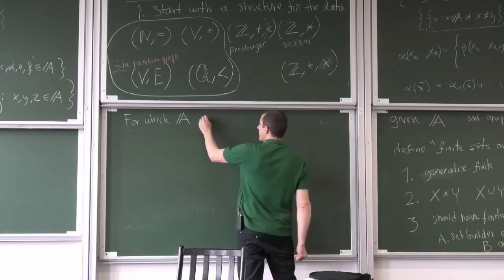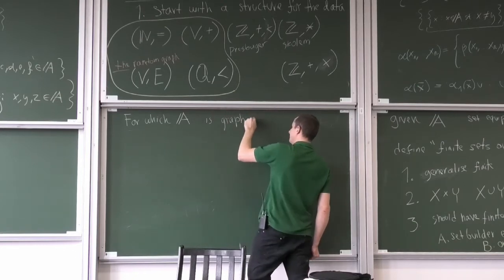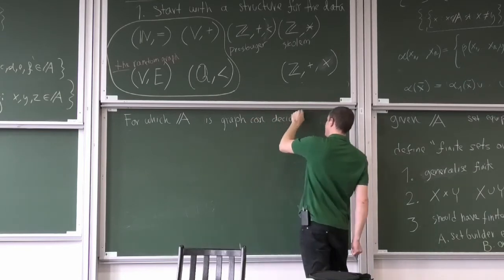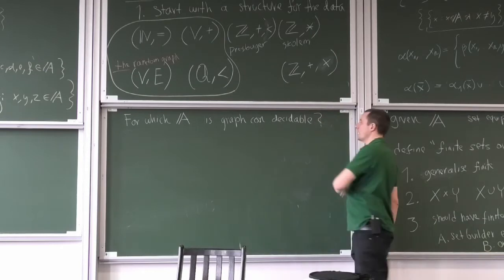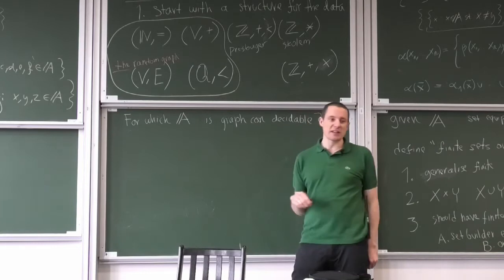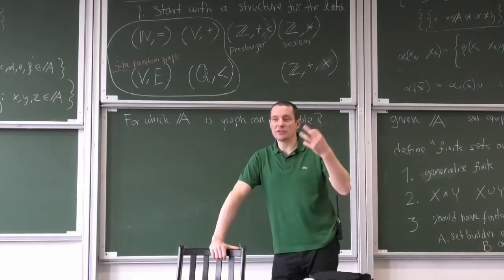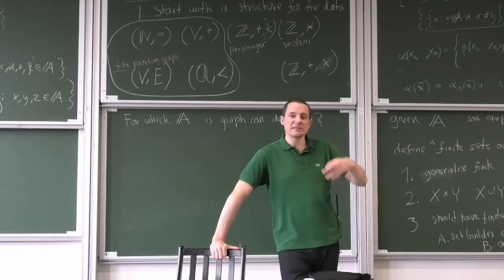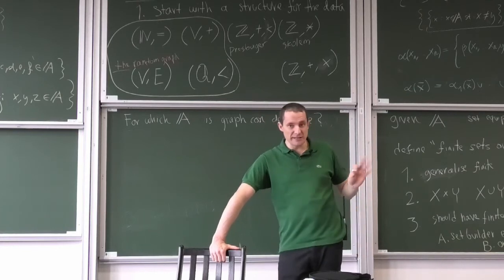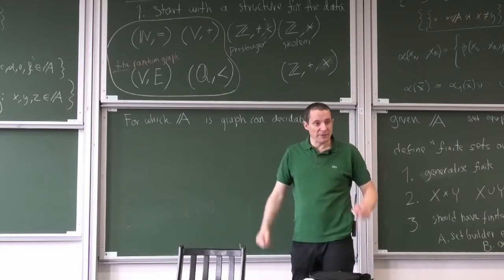So, for example, is graph connectivity decidable? It turns out, by the way, that for the same choices of A where graph connectivity is decidable, emptiness for context-free grammars, for minimization of automata, many usual decision problems are decidable. So it's not really connected to graph connectivity, it's just a fundamental property.